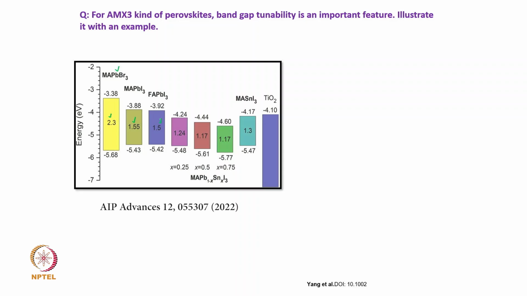So, what we have seen in these three examples, first I change the halogen, okay, and then we have seen a drastic reduction in the band gap, and then if you change the organic part, you again see that there is a change in the band gap.